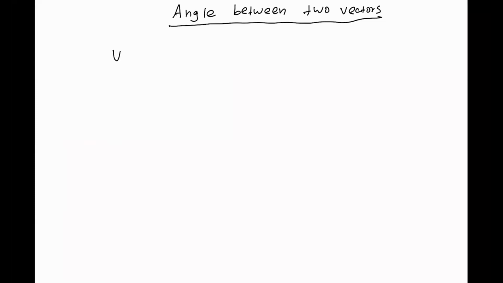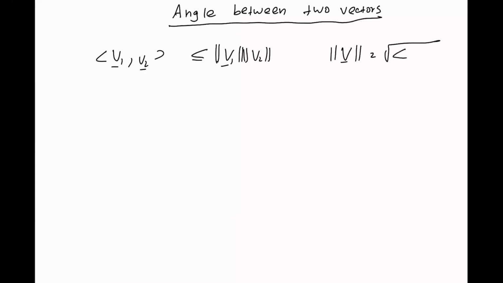It means you take any vectors v1 and v2. The inner product is less than or equal to v1's norm times v2's norm with respect to that inner product. We define the norm of a vector as the square root of the inner product of the vector with itself. This we call the norm. Also, this depends on the inner product.